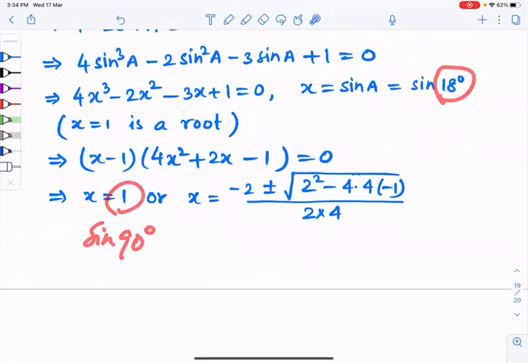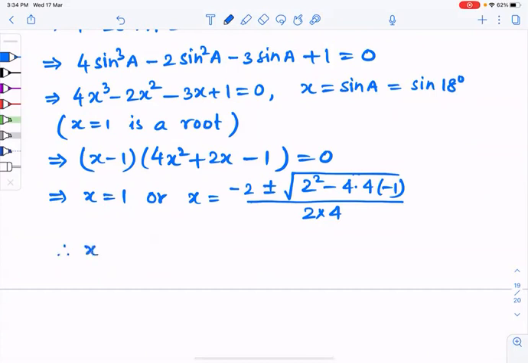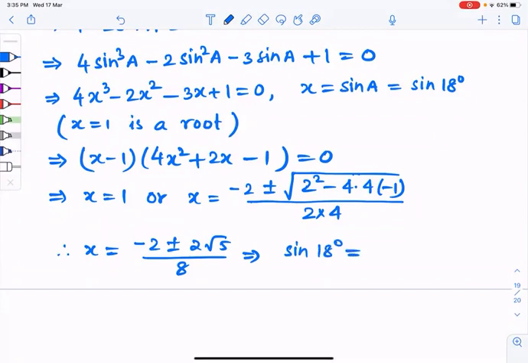It's not possible to get 1. So the remaining part, I get x is equal to minus 2 plus minus, okay, what do I get here? 4, 16, 20. So 2 root 5 by 8, which implies sine 18 degree equal to root 5 minus 1 by 4 by cancelling terms.